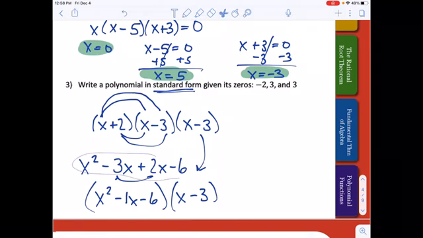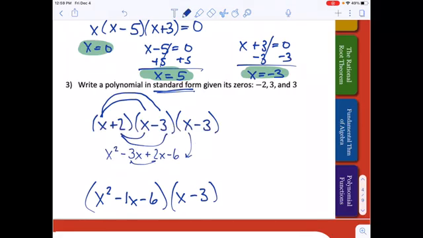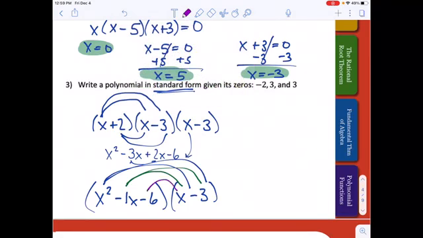The reason we can't really say FOIL now is because we have more than 2 terms in the first group. So we instead are going to just know that we distribute each piece through. So the x squared goes through, the -x goes through to both, and the -6 goes to both.